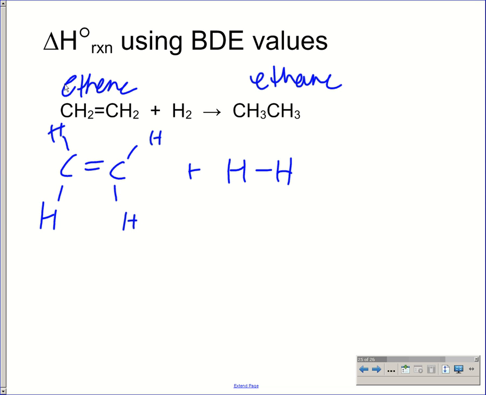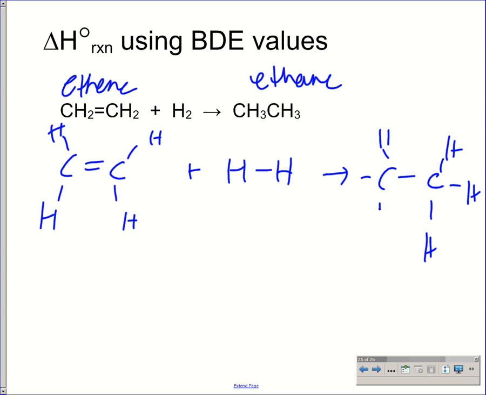How many does each of these hydrogens donate to the bond? 1 each to make 2 total. Each hydrogen only has 1 electron. All right, yields. What's this one look like? C, C, H, H, H, H, H, H.